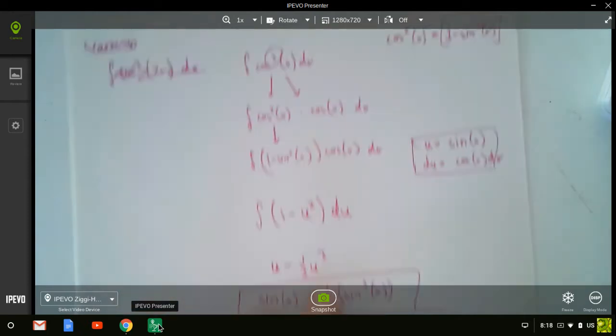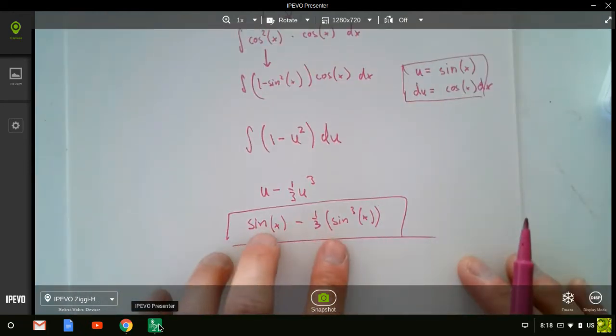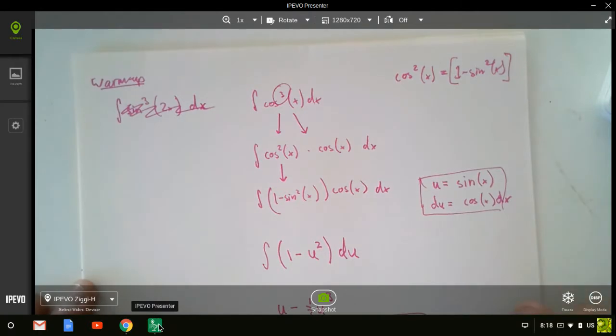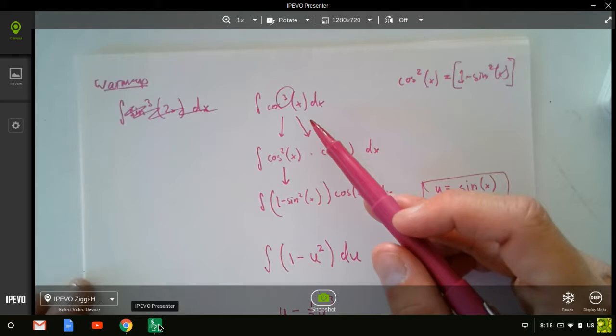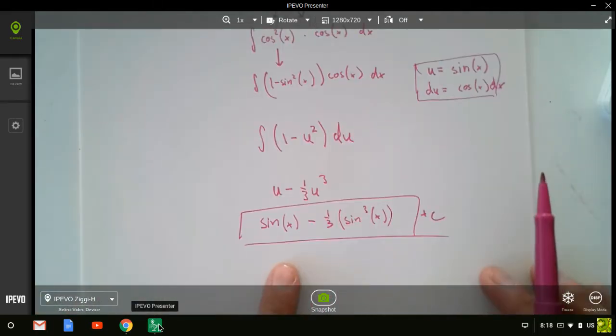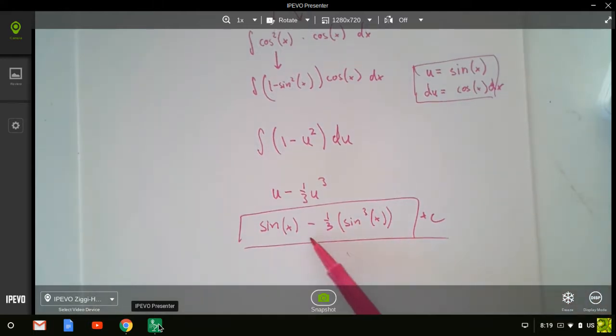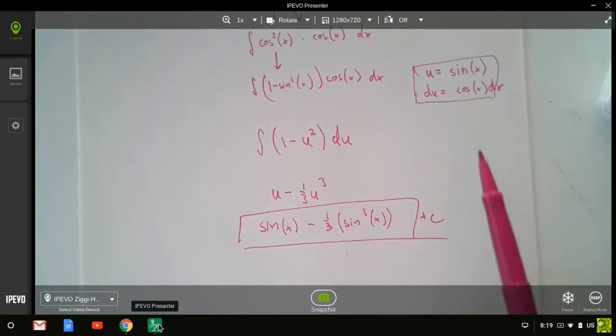If you take the derivative of this right here, you're going to end up with cosine cubed x. That's what happened to it. Because you took that antiderivative, that all goes away, and you're only left with this. Okay? So just take my word for it, and then practice it, and try taking the derivative of this and see what you end up getting.